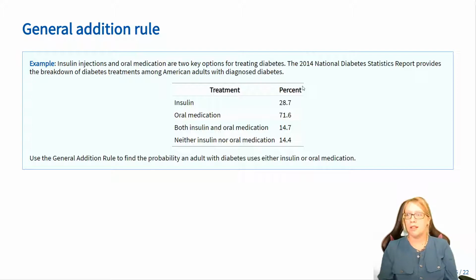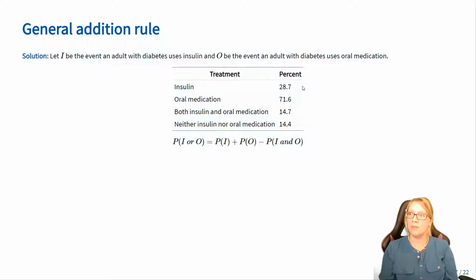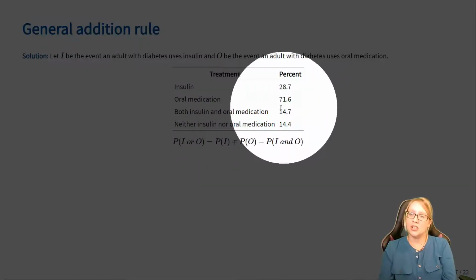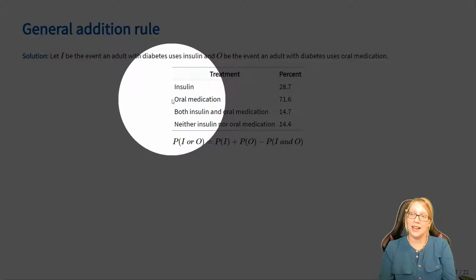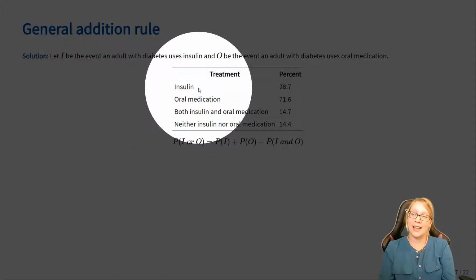Let's find the probability that an adult with diabetes uses either insulin or oral medication. So I'm going to let I be the event they use insulin, O be the event that they use oral medication. Both insulin and oral medication is contained in two places. It's contained in oral medication and in insulin.